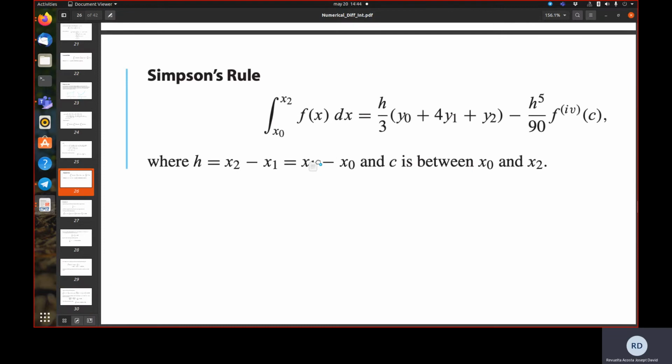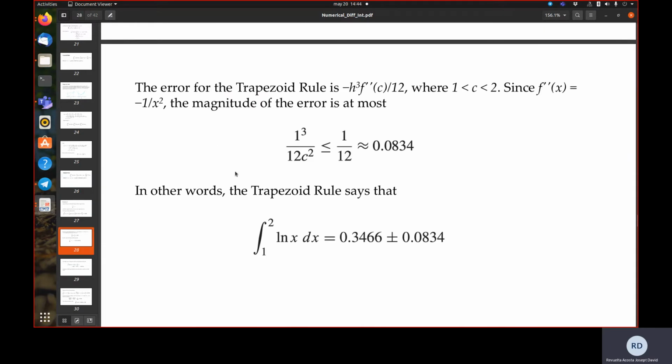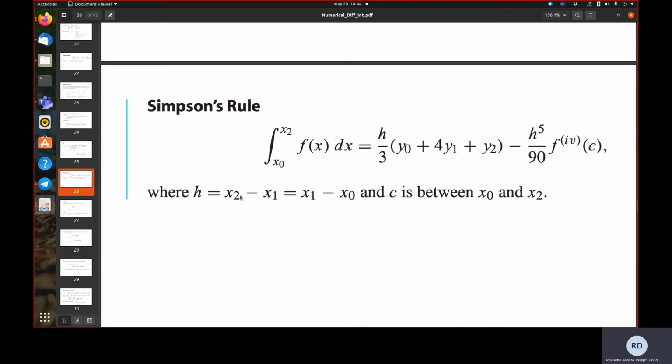So here we are computing the distances x2 minus x1 and x1 minus x0. So x0 is equal to 1, x2 is equal to 2, and to be able to calculate h, we have to find x1. So x1, for both to be true, has to be equal to how much? To 1.5, right? So x2, in this case 2, minus x1, which is 1.5, is equal to 0.5.